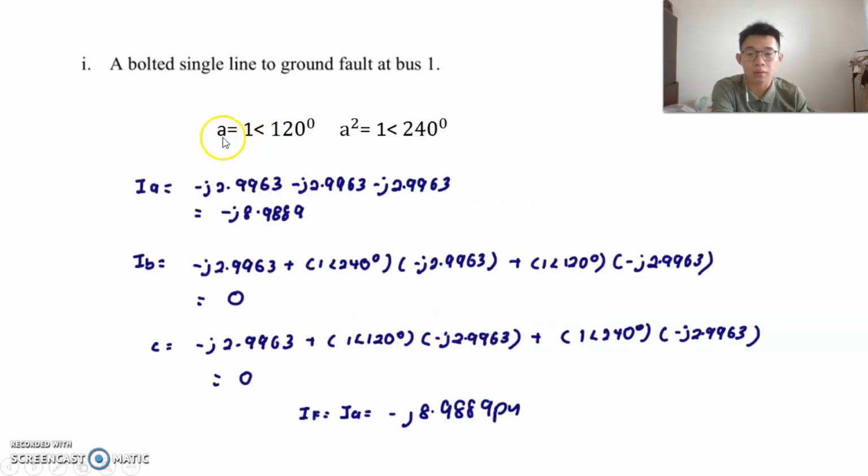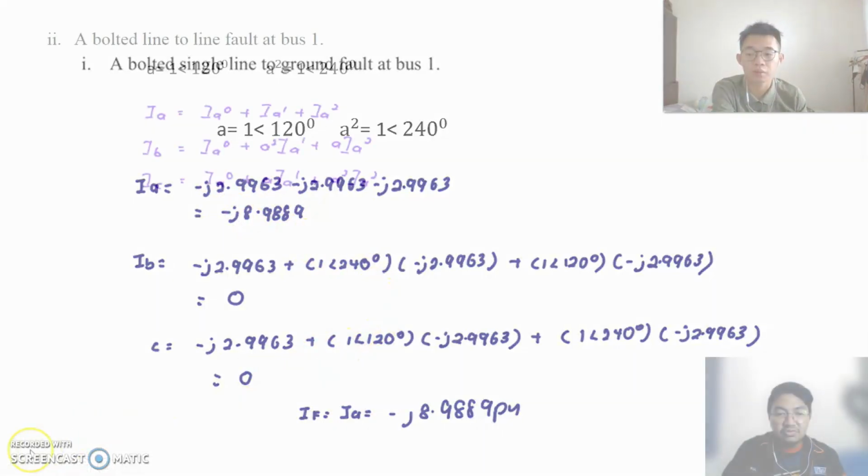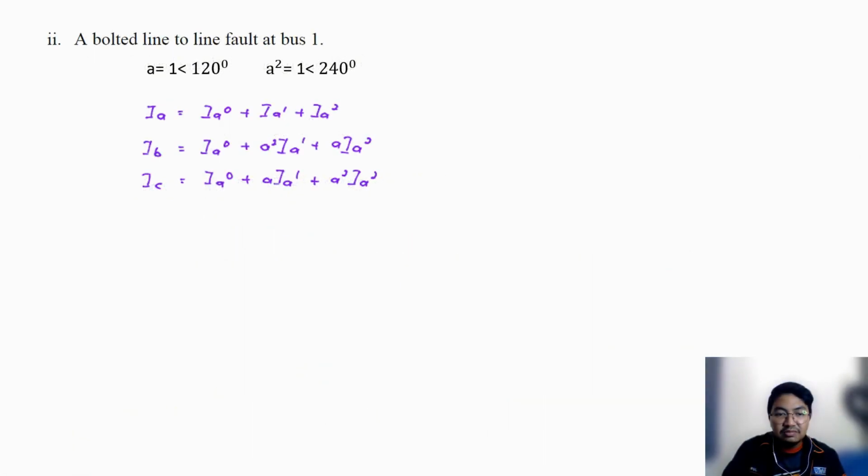Basically A is 1 at the phasor angle of 120 degrees, while A squared is 1 at the phasor angle of 240 degrees. For a single line to ground fault, the fault current is equal to IA, which is negative J8.9889 per unit. Okay, that's it from me. Thank you. The values of IB and IC in the equation come from the value of A above.